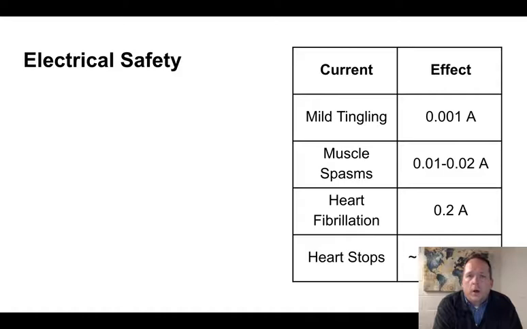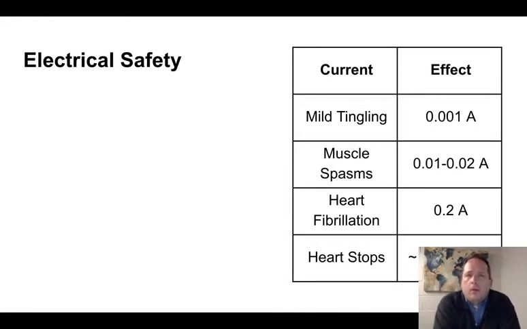You start to cause problems in your heart if you go up another order of magnitude, somewhere in the 0.2 of an amp range. And if you send a sustained current, just for a few seconds, of 1 amp or more through a person's heart, it will actually stop your heart from beating because it messes with the electrical signals there. So obviously, electrical current is not something to joke around with.